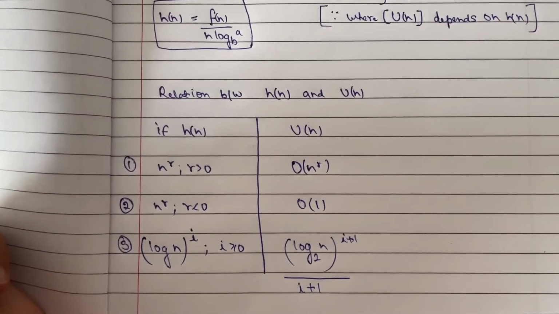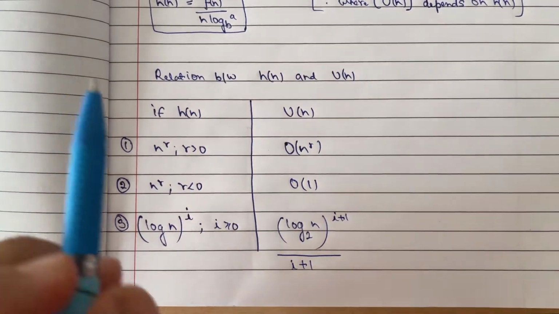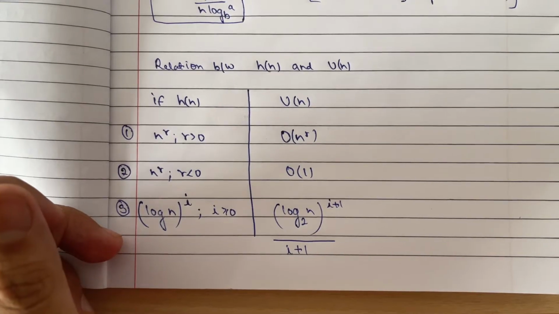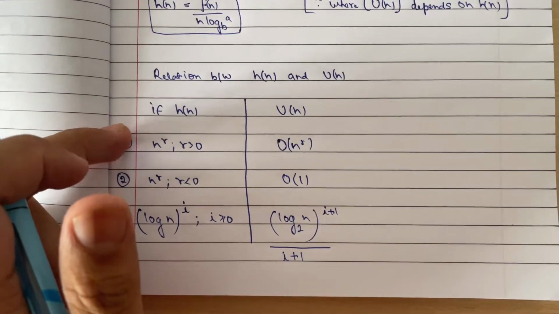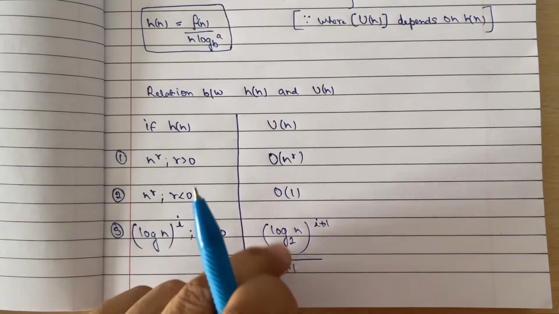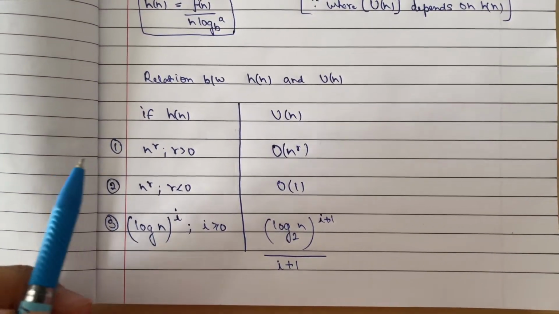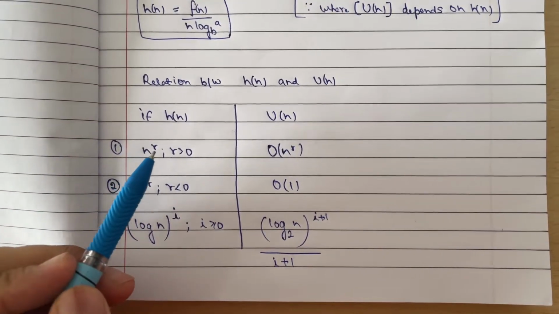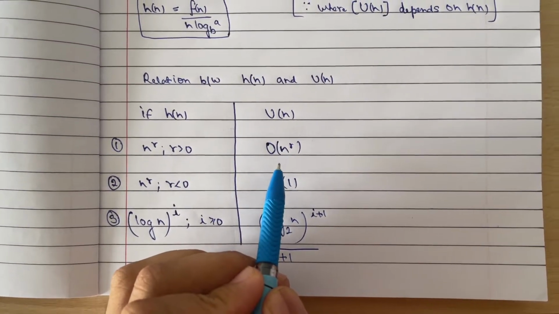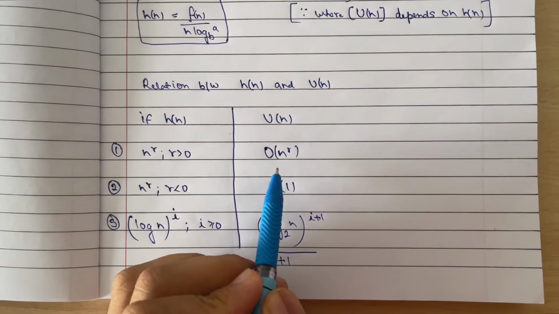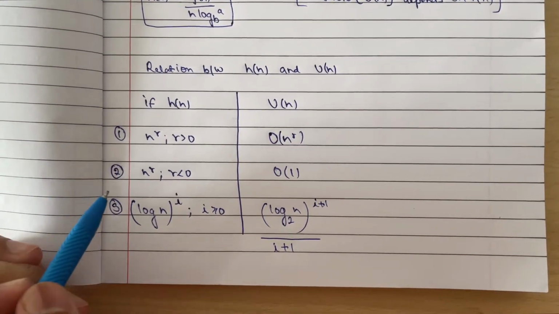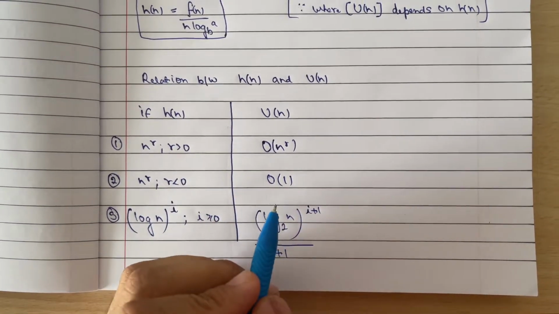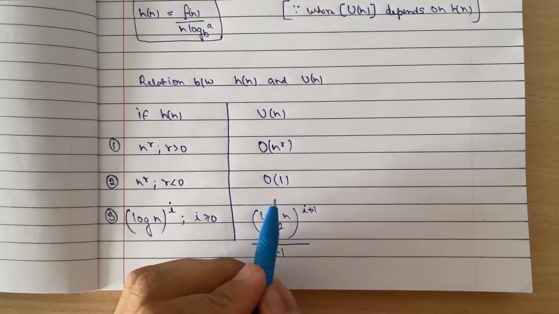There is a relationship between H(n) and U(n), and there are three cases such that the value of H(n) will determine the value of U(n). The first case is H(n) = n^r such that r is greater than 0, then U(n) will be O(n^r). The second case is n^r such that r is less than 0, then U(n) will be O(1).